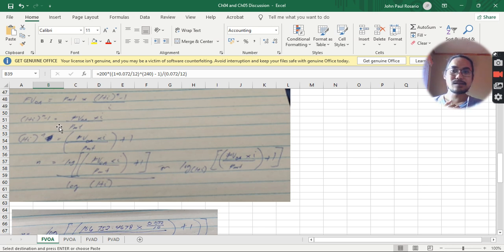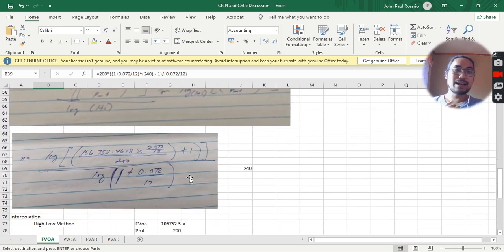And then we can transfer minus 1 to the other side, so we have plus 1. And then, since our unknown value is an exponent, we will use the logarithm function. So that's log of this entire expression, FVOA times I over payment, all plus 1, and then all over log of 1 plus I, or you can express it as log of FVOA times I over payment plus 1 to the base of 1 plus I.